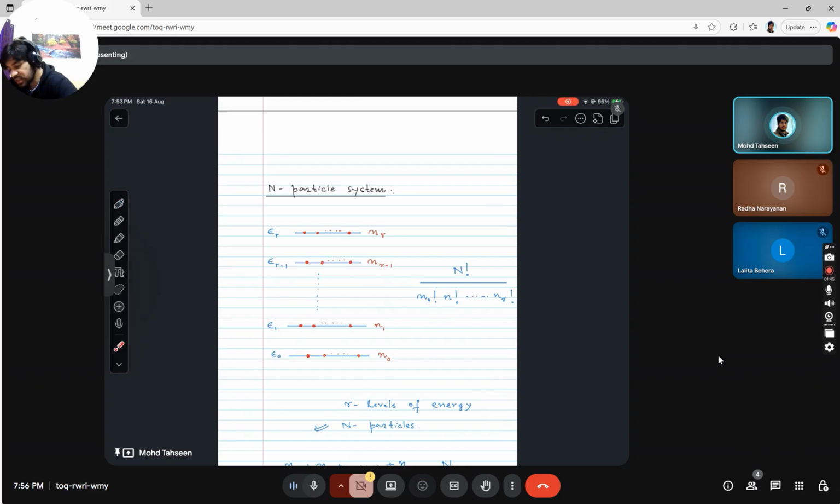It's the same situation here, because if you permute these n0 particles amongst themselves, it will not make any change to the system. It is the same system again.